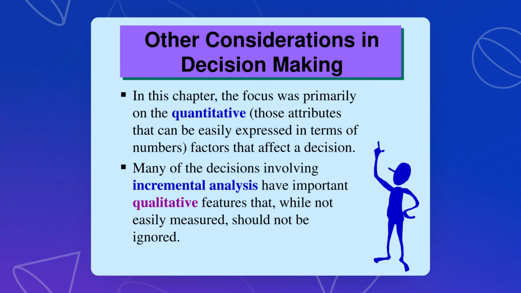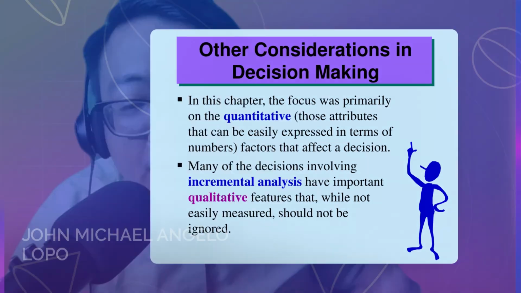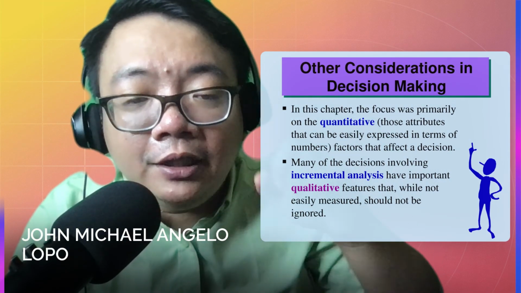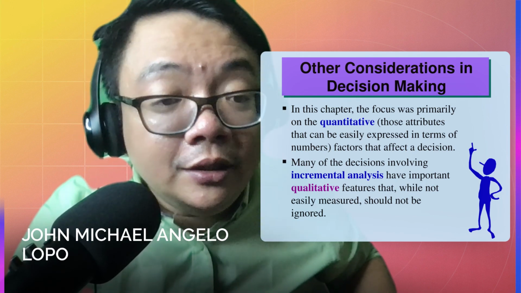Many of the decisions involving incremental analysis also have important qualitative information. While not easily measured, it should not be ignored. Meaning to say, class, very important are your financial, quantitative, and at the same time your qualitative factors.